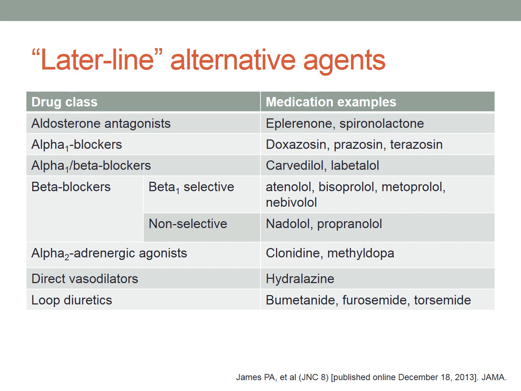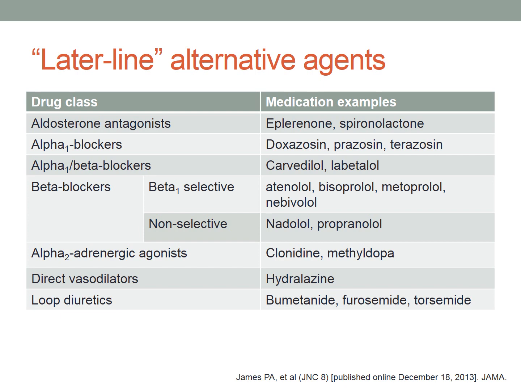But these agents are primarily going to be used in those patients that you'll refer to hypertension specialists when the 4 classes of agents that you're using are either ineffective or a patient has a contraindication to them.